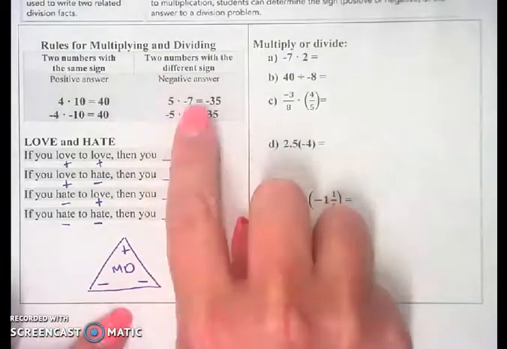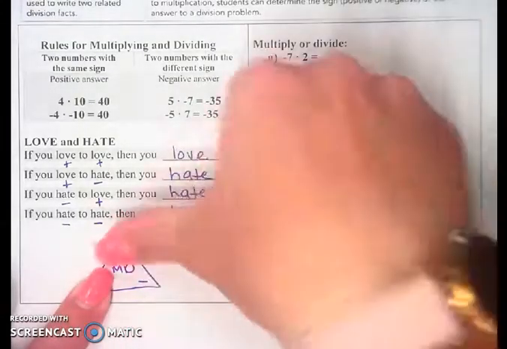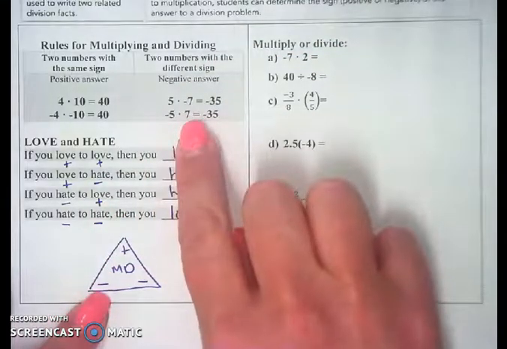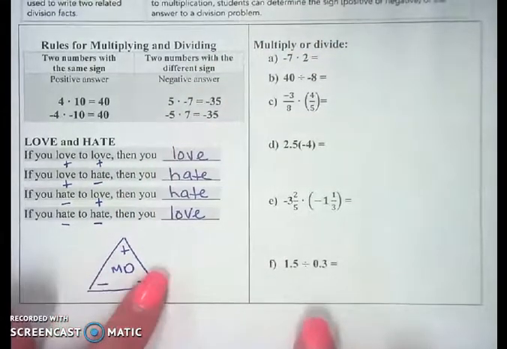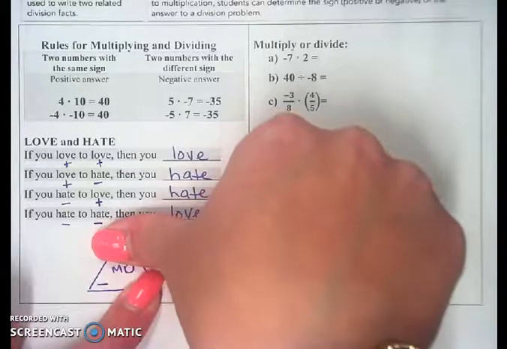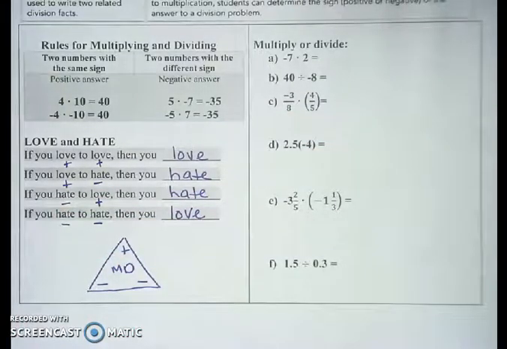If I have a positive and a negative, I cover up a positive and a negative, and I'm left with a negative. If it's a negative and a positive, again, it doesn't matter which one, if I cover up one negative and a positive, then it is going to be negative. Any way you want to use it, you totally can.